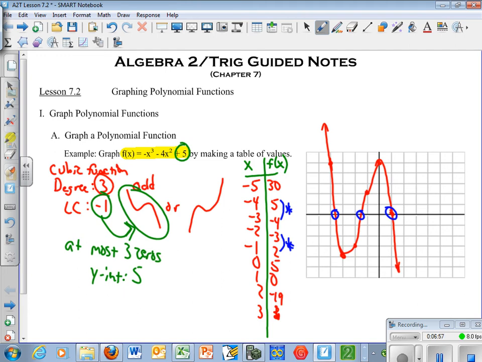And there are 3 zeros. So this is a cubic function. It does have 3 zeros, somewhere between negative 3 and negative 4, somewhere between negative 1 and negative 2, it crosses the x-axis, and also at 1. So no, we're not between integers on that one. All right, let's go to the next problem.